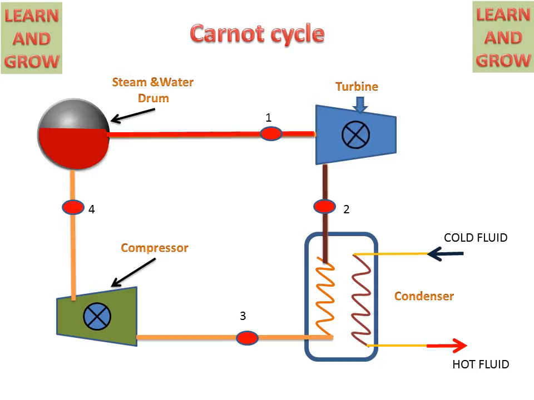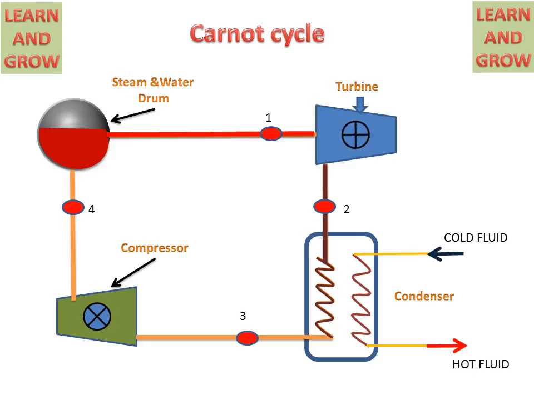In the 2 to 3 process, heat is removed from the spent steam leaving the turbine, and it condenses isothermally at constant pressure. Condensation continues up to state point 3, which lies on the isentropic line.